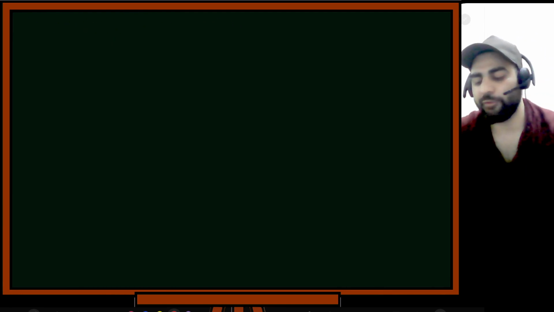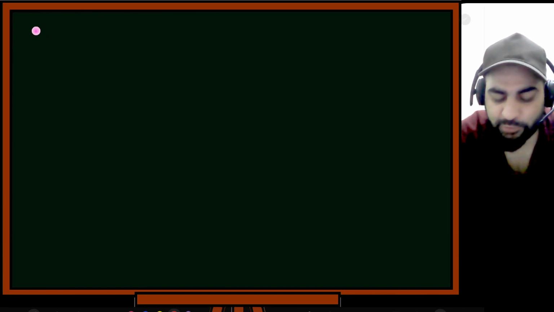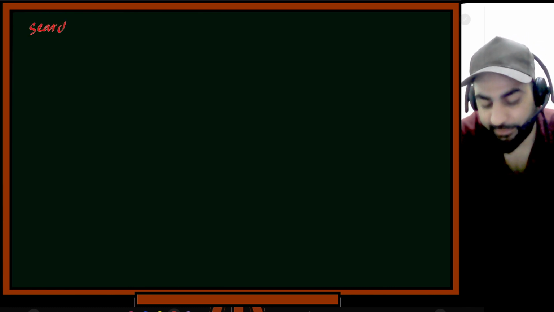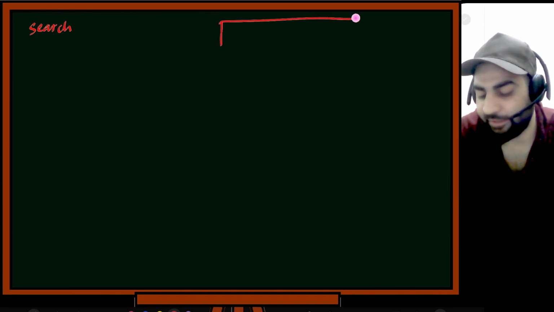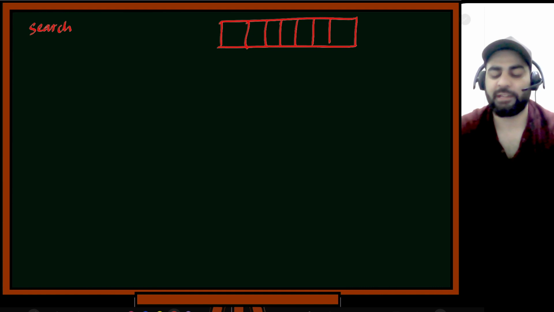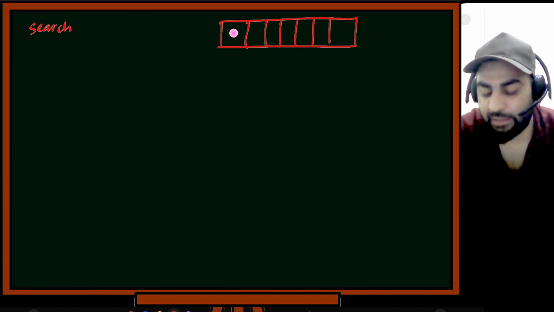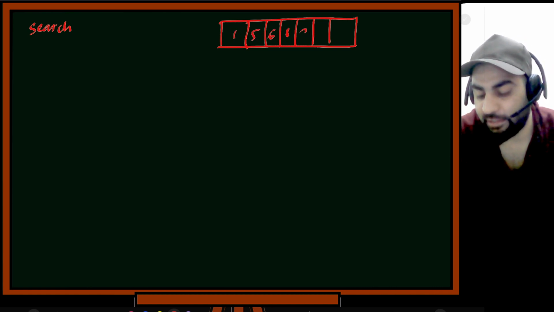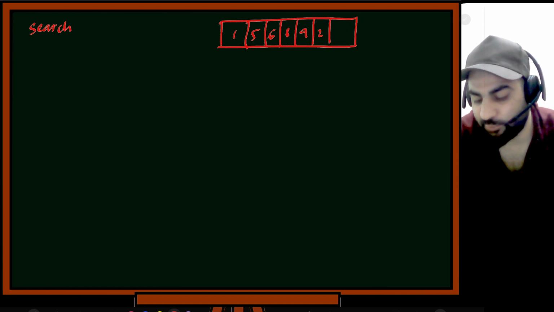Now I will have a discussion on a few things. We'll discuss the complexity of these operations. Let's suppose I have to search for an element. This is my array, with elements 1 5 6 8 9 2 1, something like this, 2 10.